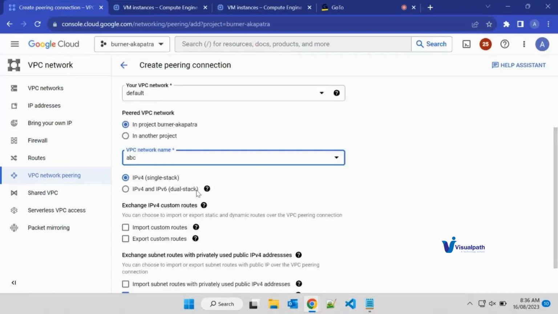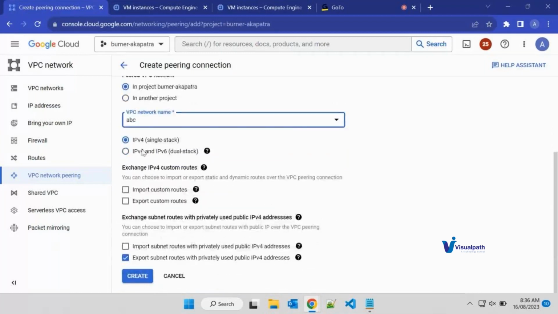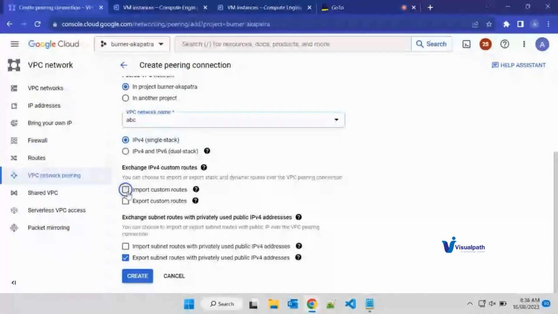Then the IP stack, and then the exchange of IP routes that you want. One more advantage is you don't have to give your CIDR ranges like you need to in some other clouds. If you just select these checkboxes to import my custom routes that are defined in my VPC, it does that work for you. It will automatically import those when it is setting up the VPC peering routes. So go ahead and do that.